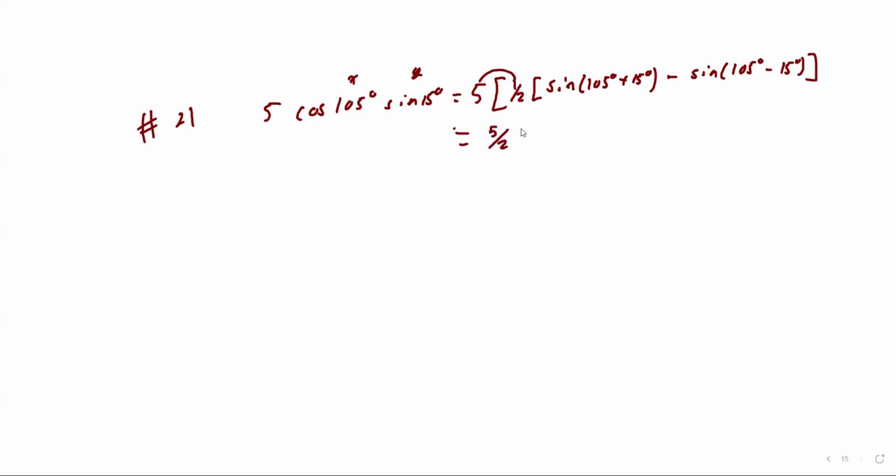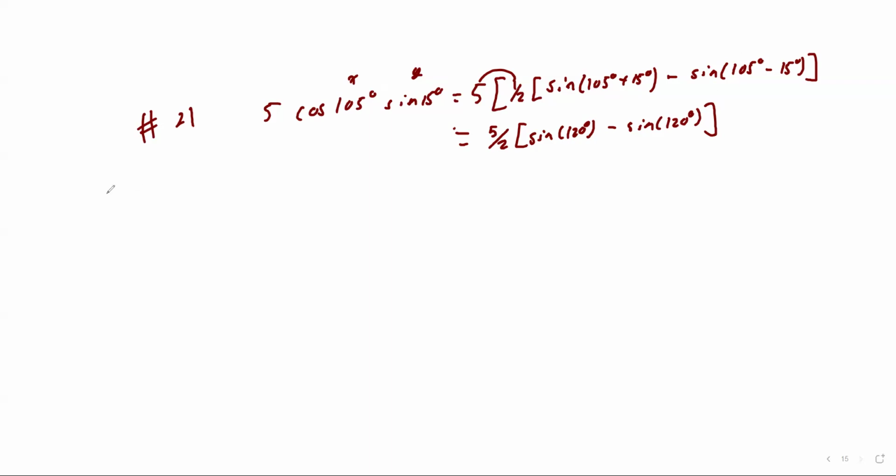So this is actually going to give you 5/2 of sine of 120 degrees minus sine of 120 degrees. And before I work it out, let's make sure we don't have to, and we don't. So you can leave it like this. So that's probably why they kept the 0, because we're just rewriting it, not actually simplifying it.